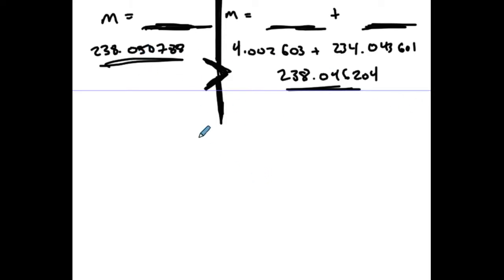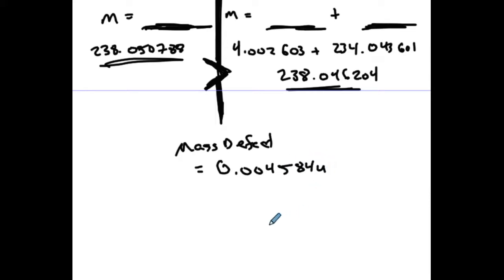I'm now going to subtract these two numbers, 238.050788 minus the 238 number that I found. And so the mass defect in this example is going to cause a loss of 0.004584 atomic mass units. And now I'm going to do the exact same thing I've done before.